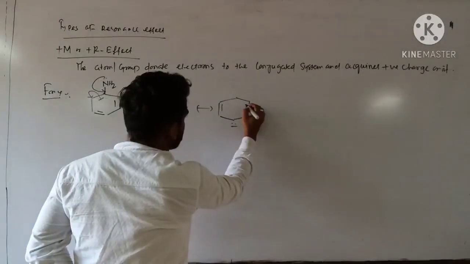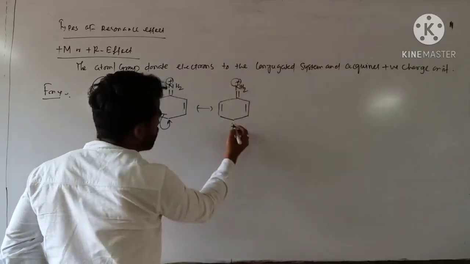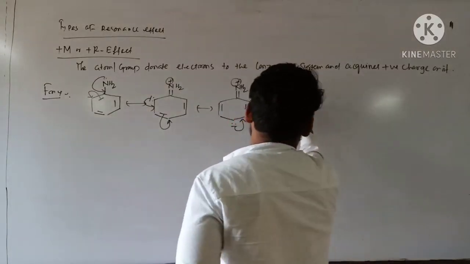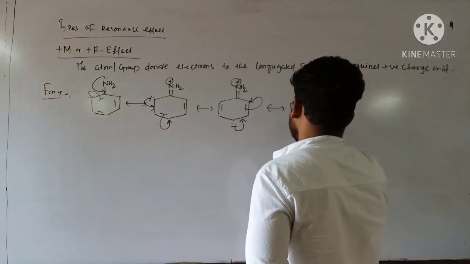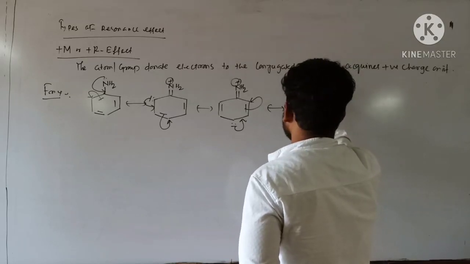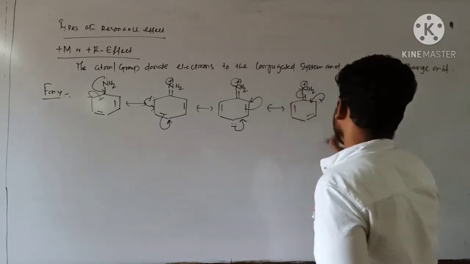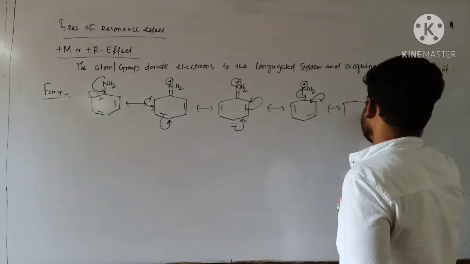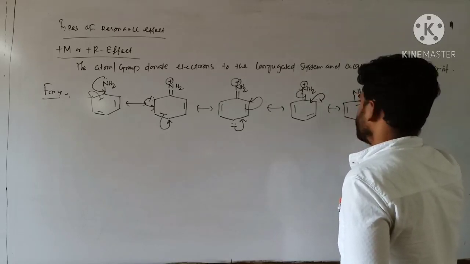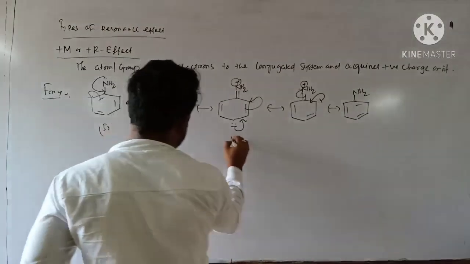Pair of electron negative, plus charge is there. Next this negative comes here. Double bond, pair of electron, plus, then negative charge comes here, and this pi bond goes like that. So here single bond NH2.